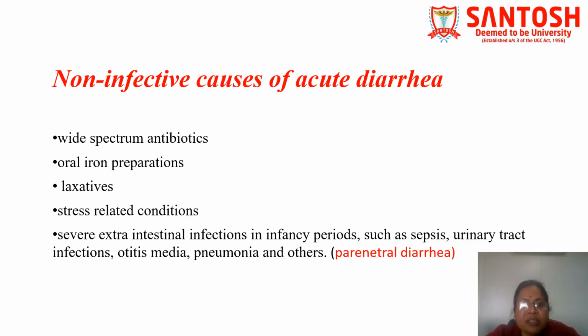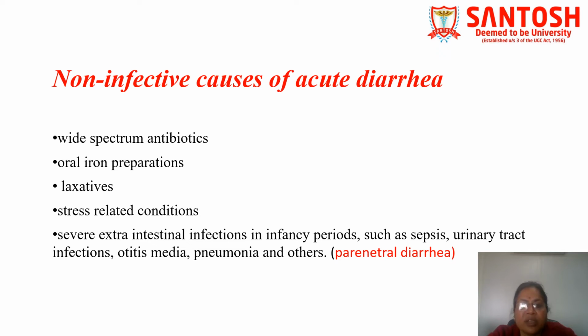I would emphasize that you should take a note that diarrhea is not always infective. It can be because of non-infective causes, and this is very important. If we are using a syrup amoxicillin clavulanic acid to treat the otitis media in a baby and he develops diarrhea, maybe this is the use of this drug which is prone to cause diarrhea, and this is drug induced diarrhea.